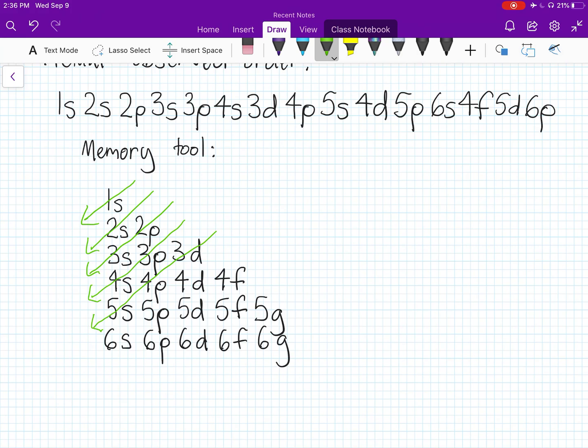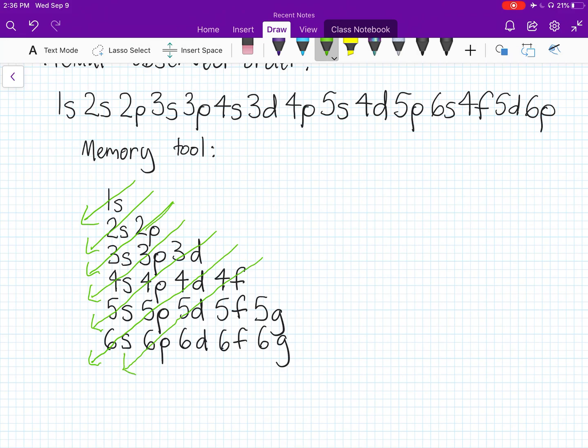So 1s fills first, then 2s, then 2p, then 3s, then 3p, then 4s, then 3d, then 4p, then 5s. After 5s, you fill 4d, then 5p, then 6s. You see how that works? After 6s, you fill 4f, then 5d, then 6p.